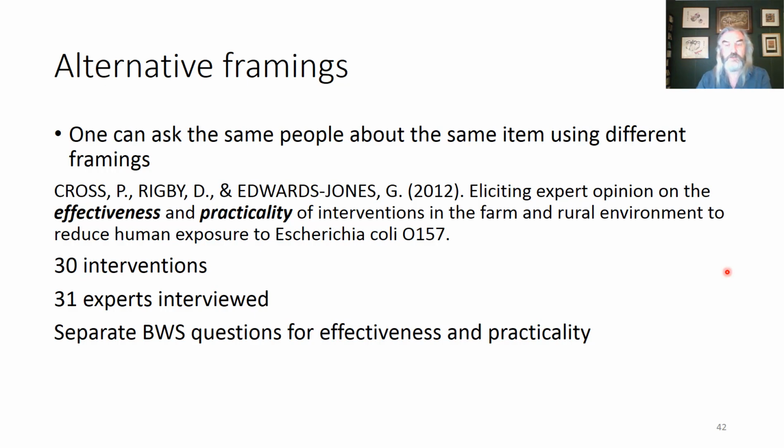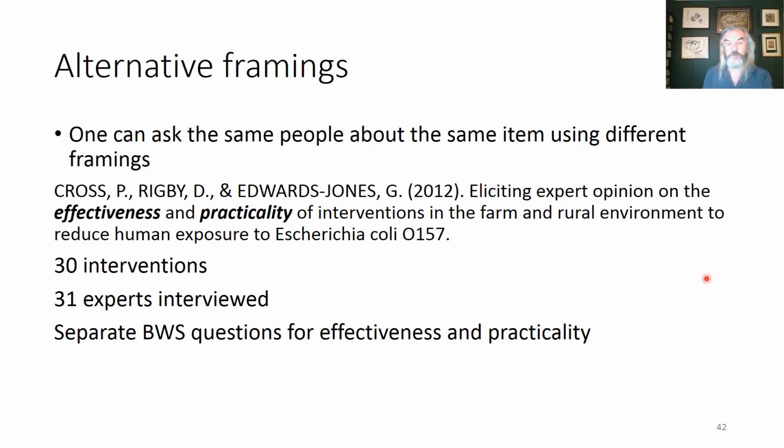So 30 interventions, an example where there's a large number of interventions, and 31 experts interviewed. They asked them the questions in the normal way across their 30 items. The first one was about which is the most and least effective of these interventions. And then they repeated the process and asked the same group how practical they think these interventions are.